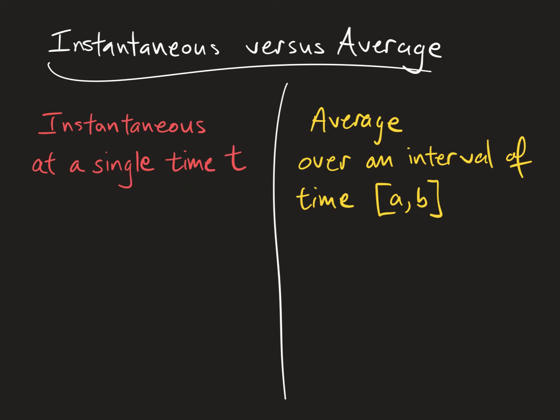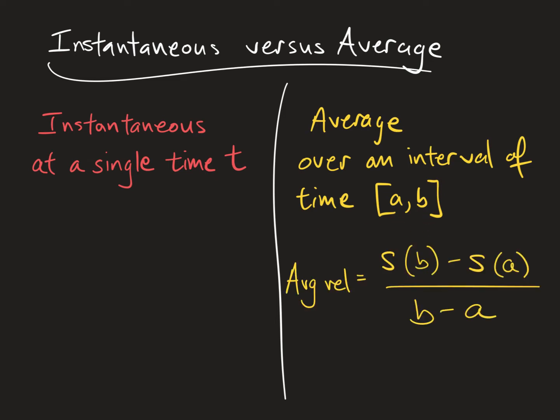On the other hand, the average velocity is calculated over an interval of time, say from time A to time B. And because of that difference, the time being over an interval instead of a single time value, we have to use a slightly different expression to figure out the average velocity.